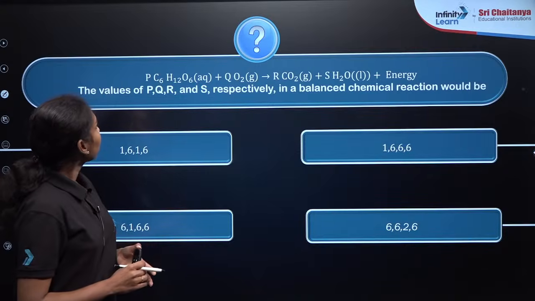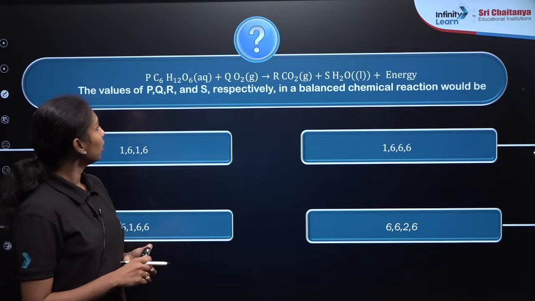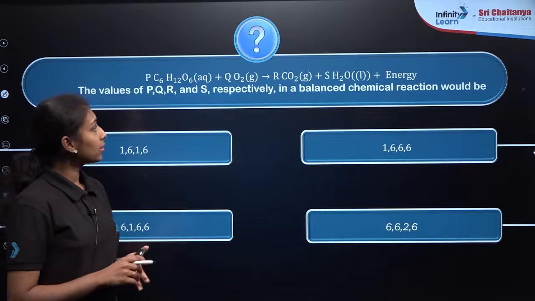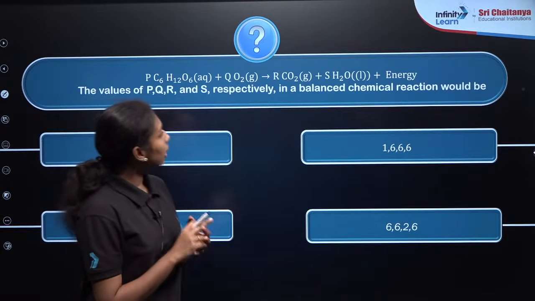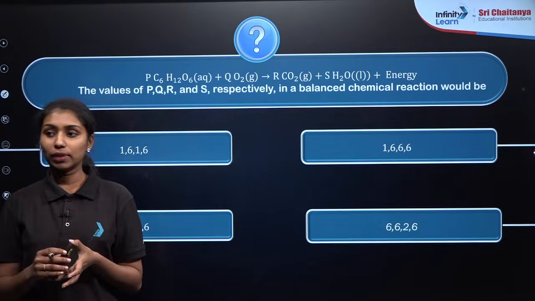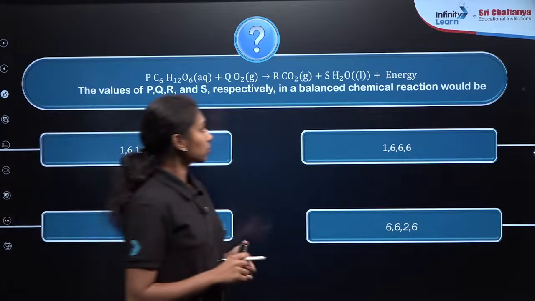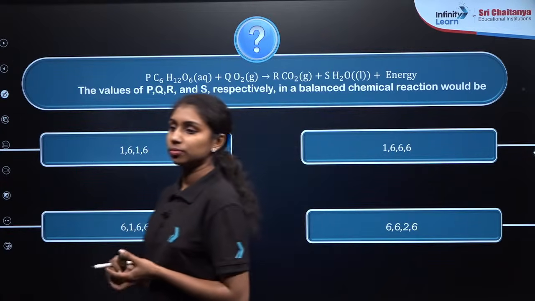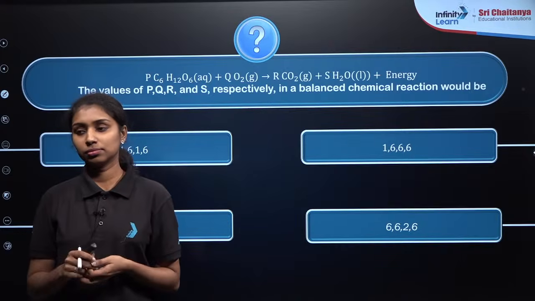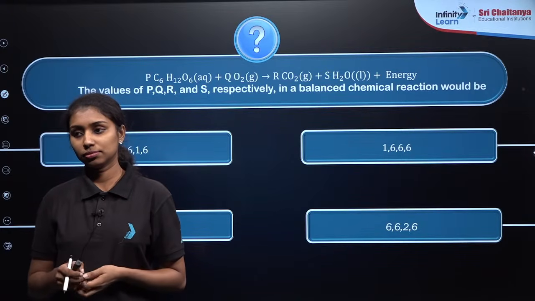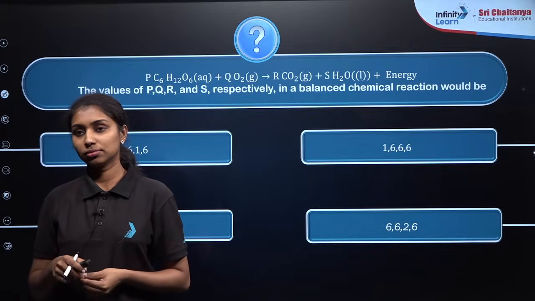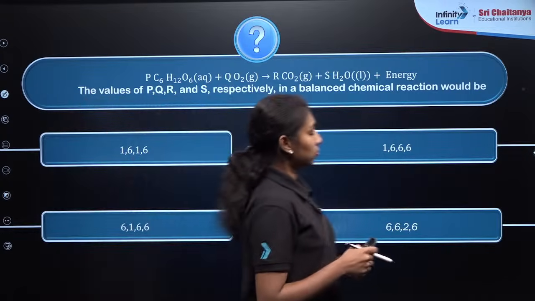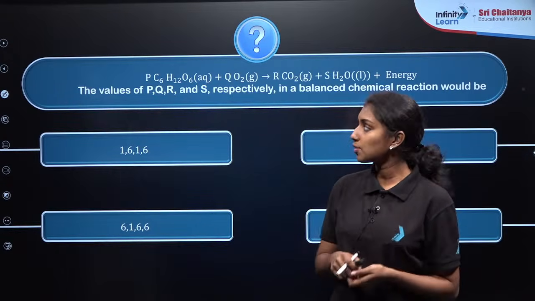First you need to identify the maximum number of atoms given here. You can consider the first reactant side. Then try to balance the same atoms on the right hand side also, I mean the product side also. Then you will get the correct answer. This is a famous reaction, right?